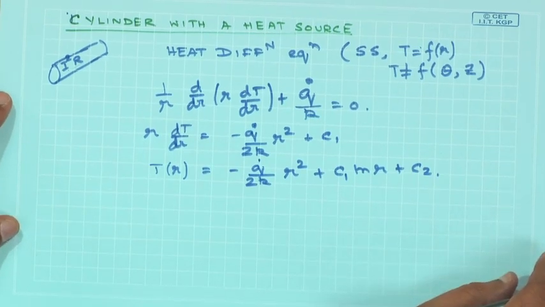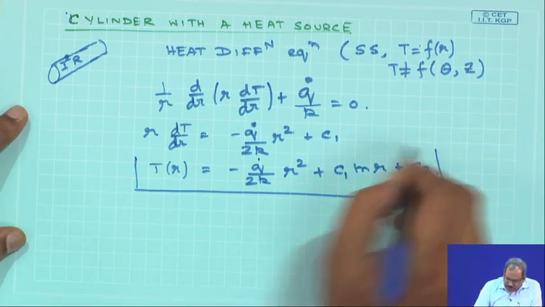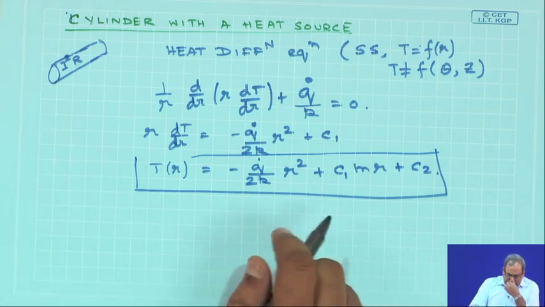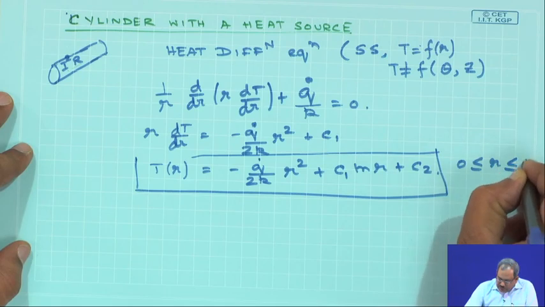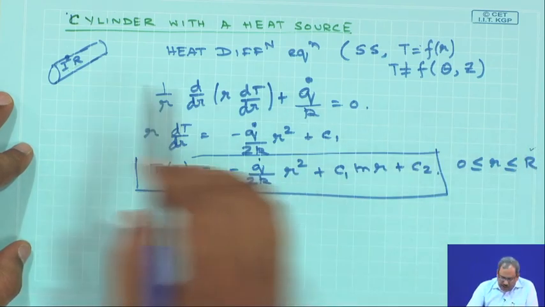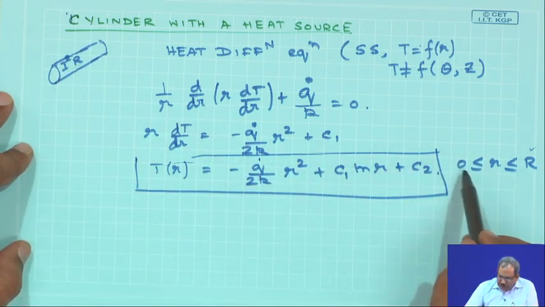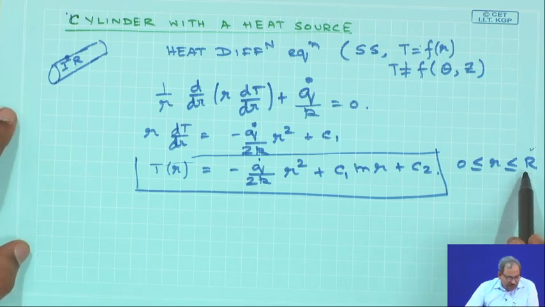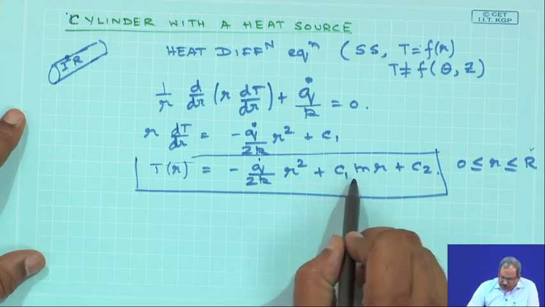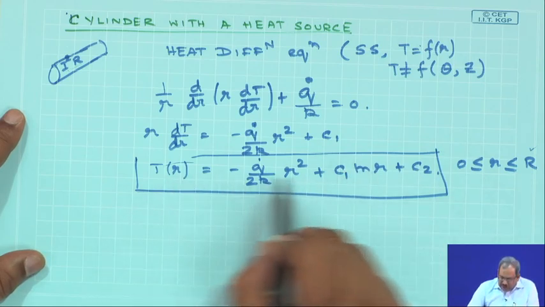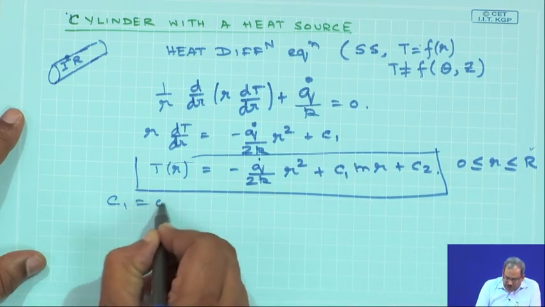The form of this equation essentially gives you one of the boundary conditions. This equation is valid from 0 less than or equal to r less than or equal to capital R, where capital R is the radius of this wire, and this entire governing equation is valid from 0 to capital R, both points inclusive. Since your temperature cannot be indeterminate at r equals 0, C1 has to be equal to 0.